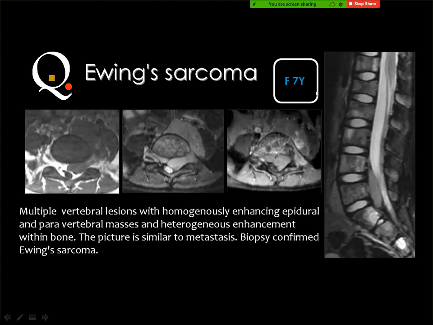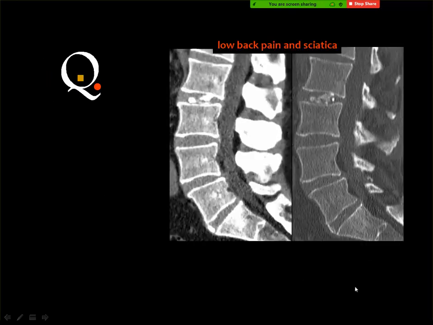Then, if you look at the age of the patient, 7 years, the possibility of metastasis is not that considered, but you know that Ewing sarcoma is one of the possibilities when you can see affection of the vertebra with extraosseous soft tissue component in the pediatric age group. Next case.